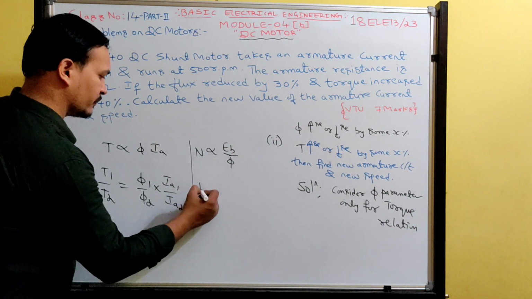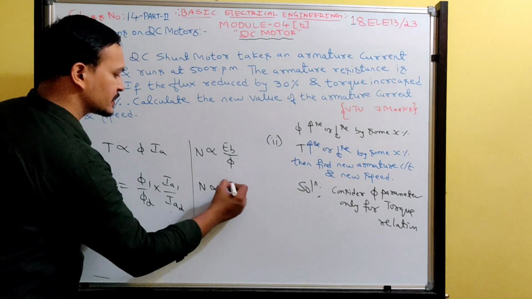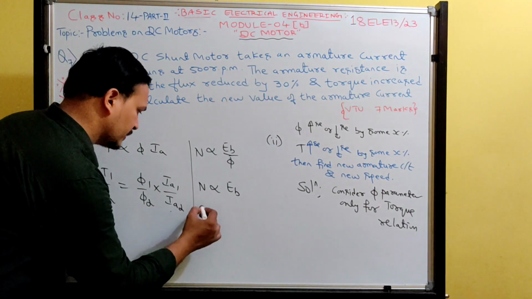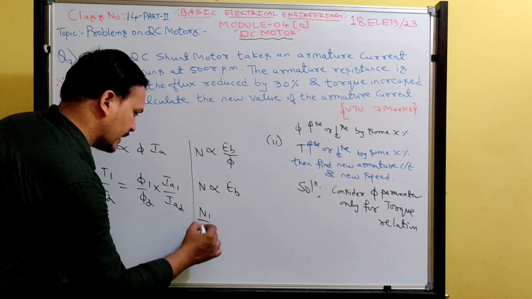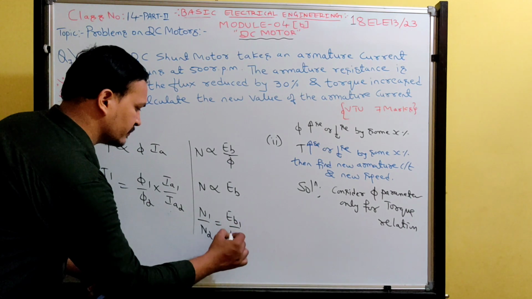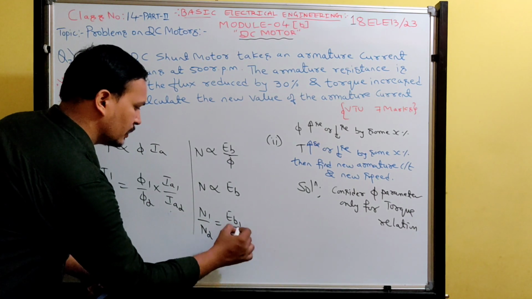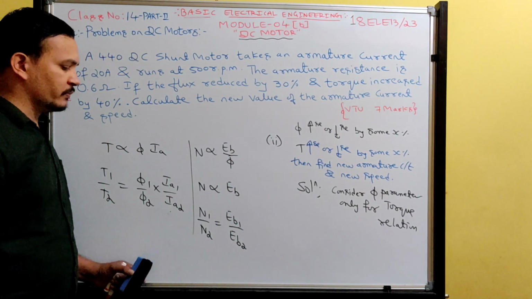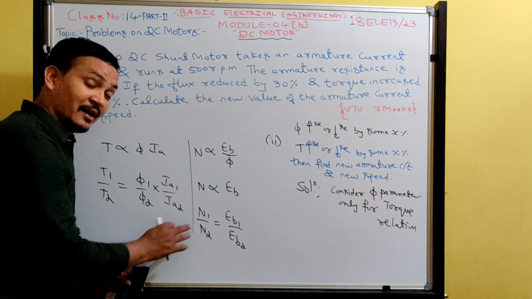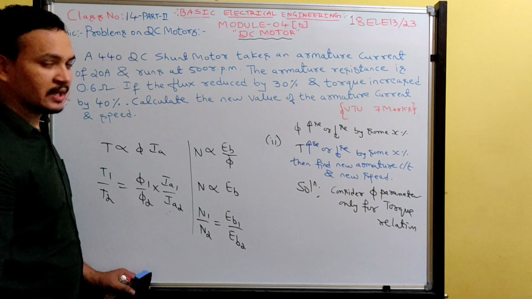So then your speed relation will become N is proportional to Eb. So therefore, two cases: N1 by N2 is equal to Eb1 by Eb2. So by using this, you can find new speed. Okay, got it, guys?